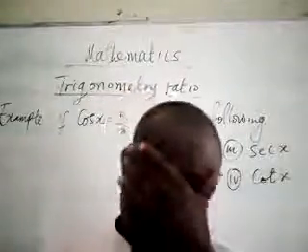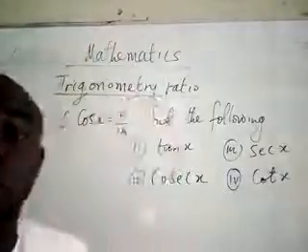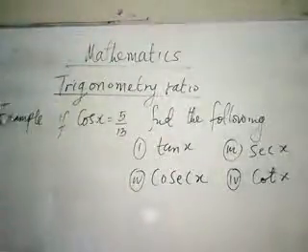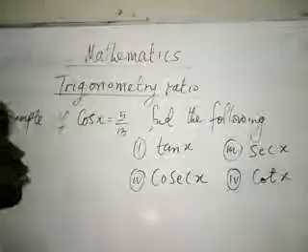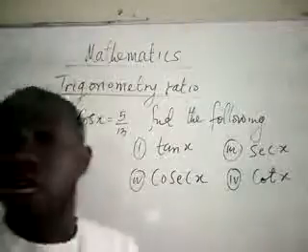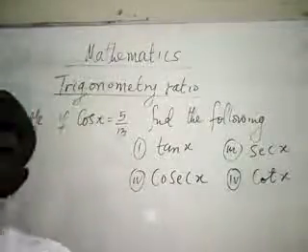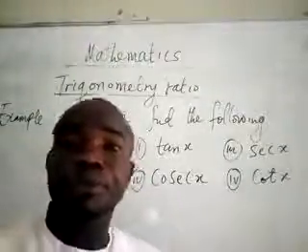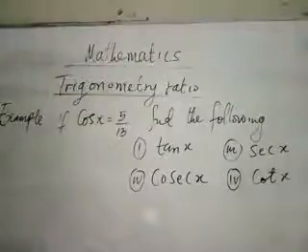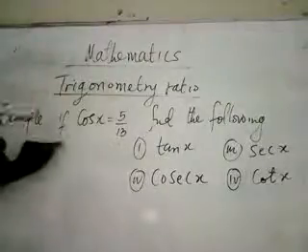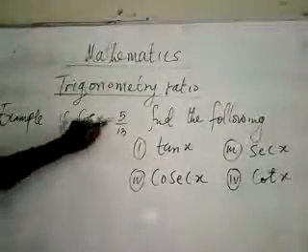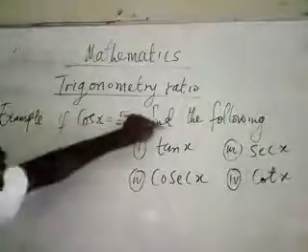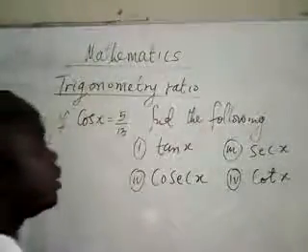This morning, we are going to see a simple problem from trigonometry ratio. And here is an example that I'm going to use to explain all I've introduced from the first class we had. Now, in this problem, we are asked that if cos x is equal to 5 over 13, find the following.